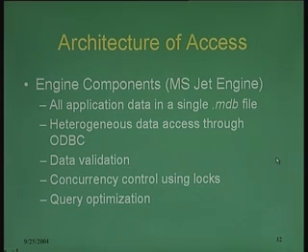We have not talked about ODBC as yet, but generally ODBC is a common interface by which you can access several different databases as though they were data sources using a single common interface. And MS Access provides support for data validation and concurrency control using logs, but not full ACID semantics, and it also provides some amount of query optimization.